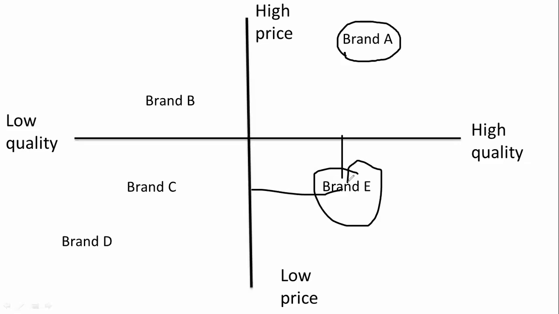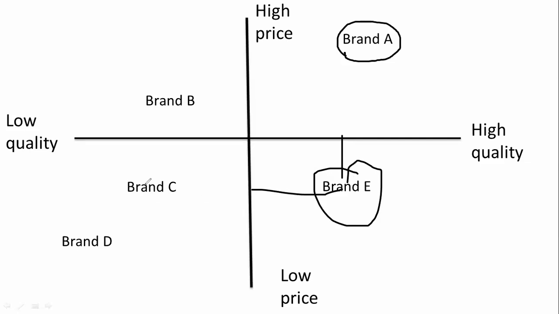Now let's take a product like Fair and Lovely. How about the quality in the customer's mind regarding Fair and Lovely? High or low or medium? Low quality. Yes, it's low quality.